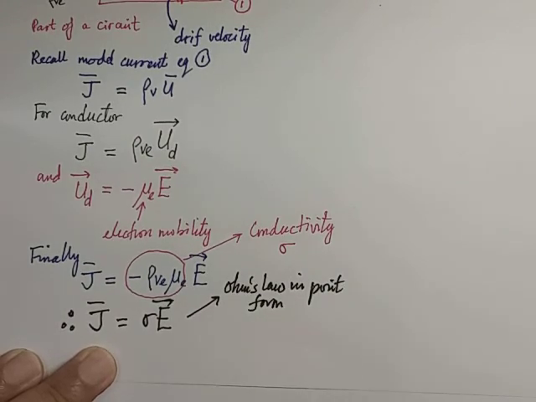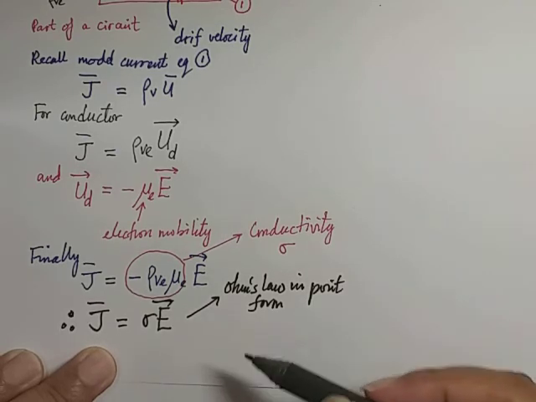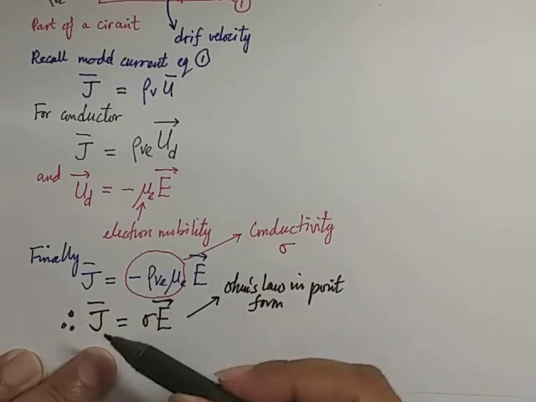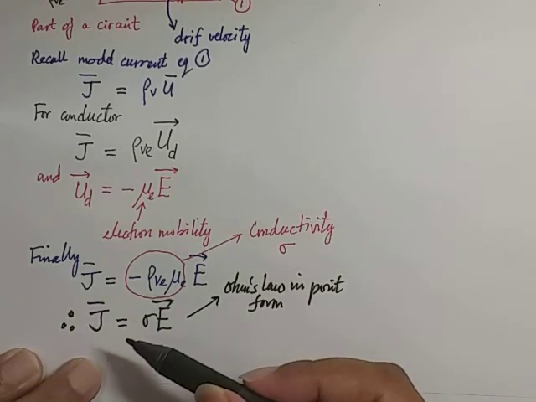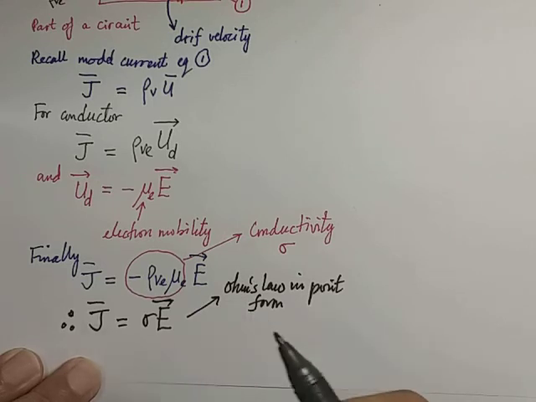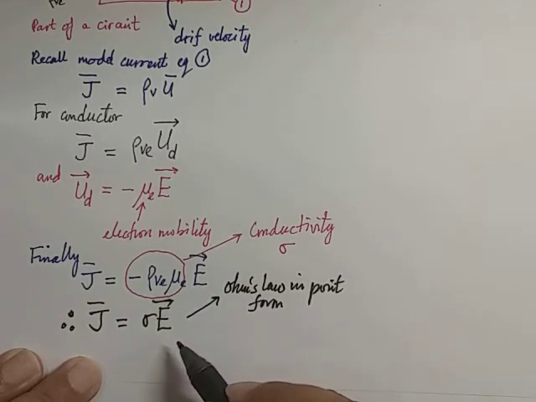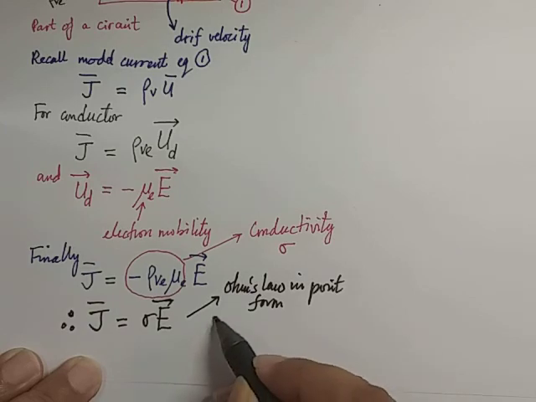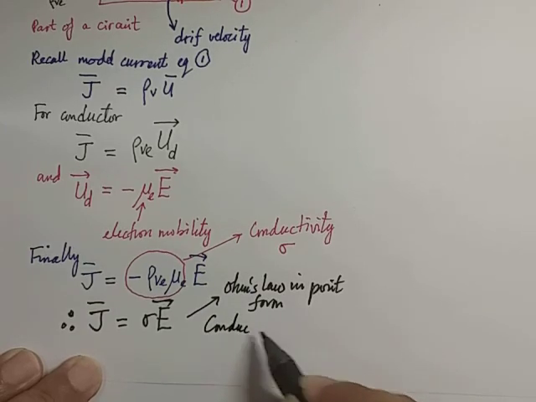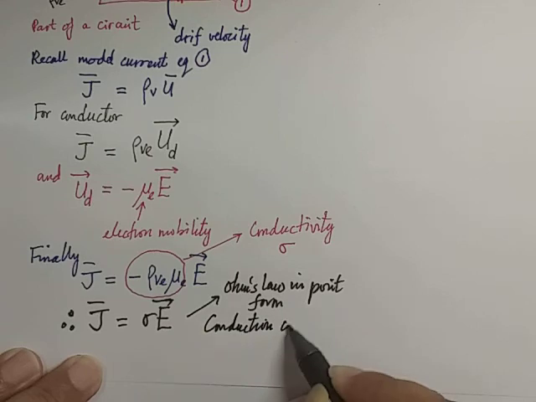The Ohm's law that you see in circuit theory is not in point form, it is in a bigger form. But this particular equation is still Ohm's law, representing a point form, a very minute situation. We also define this equation as the conduction current density.